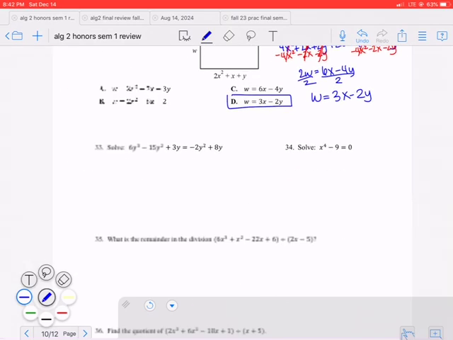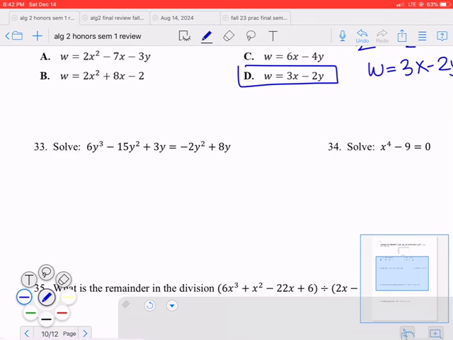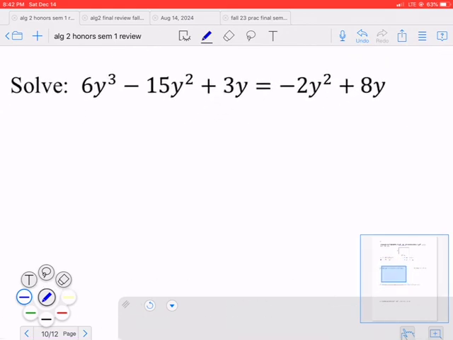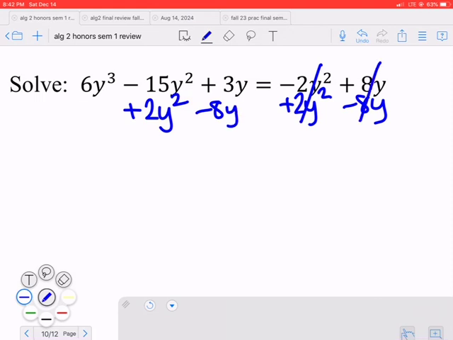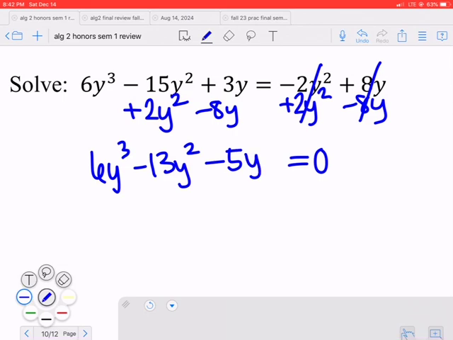Yay! Solve. It's cubic, not quadratic, so let's get everything on one side. Plus 2y squared and minus 8y, so that it's set equal to 0. Now we have 6y to the third minus 13y squared minus 5y.